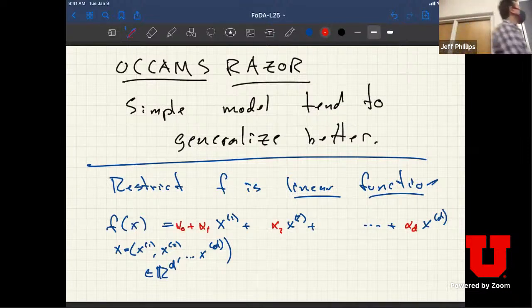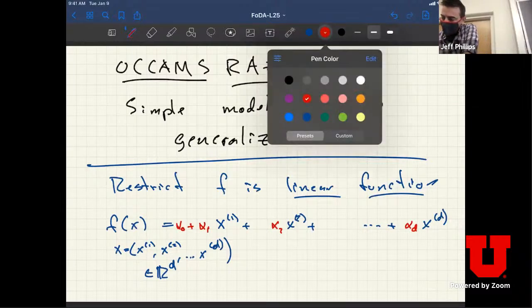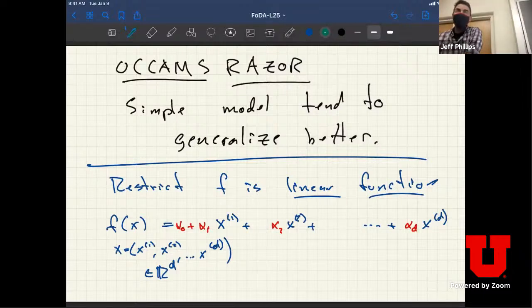Okay, so this is what the linear model is going to be. I'm just adding up all the components and scaling them, so there's a linear coefficient in front, and there's an offset coefficient. We've seen this before. In fact, it's common to not write it with alphas.